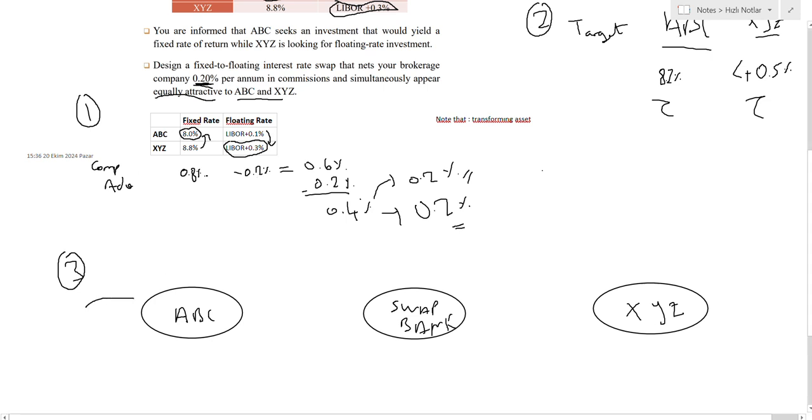So let's say instead of giving fixed rate to ABC, from this point, let's say LIBOR plus 0.1 for ABC. And for XYZ, let's give the opposite strategy again, 8.8% fixed rate.